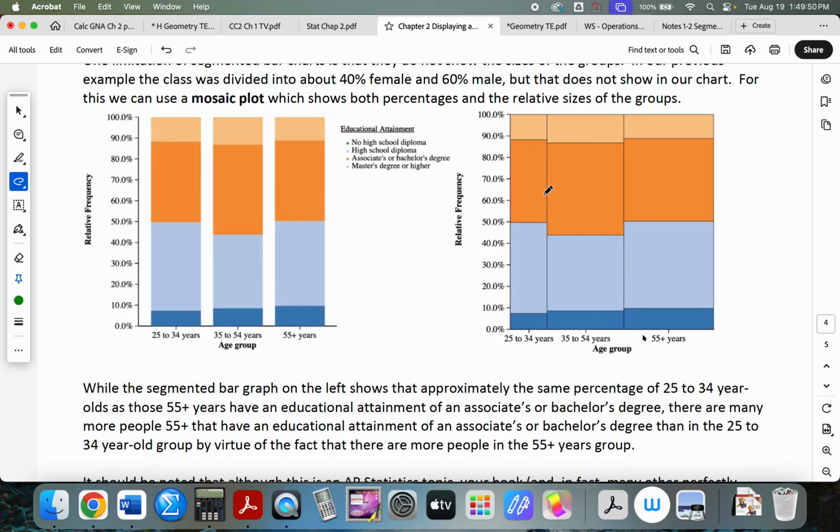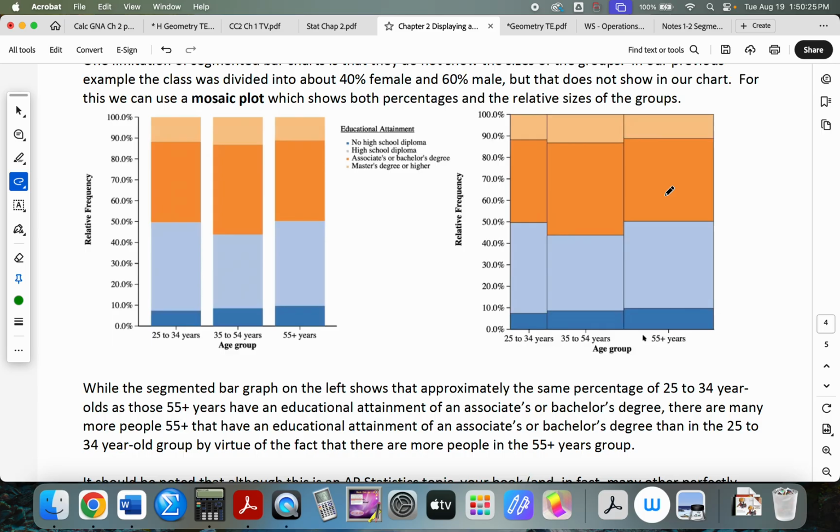So especially in the United States in this day and age right now, with the baby boomers still being around, there's just an awful lot of them, right? And so although the percentage of each is about the same, there are way more people in this group that have an associate's or a bachelor's degree. So that's how you can read more from a mosaic plot than you can just from a segmented bar graph.